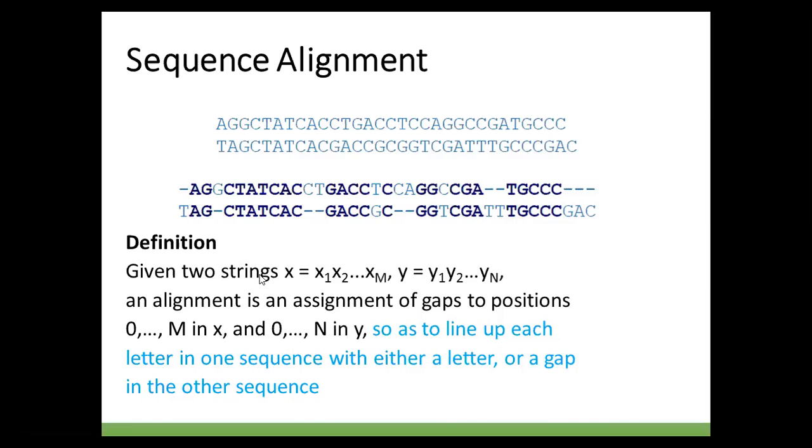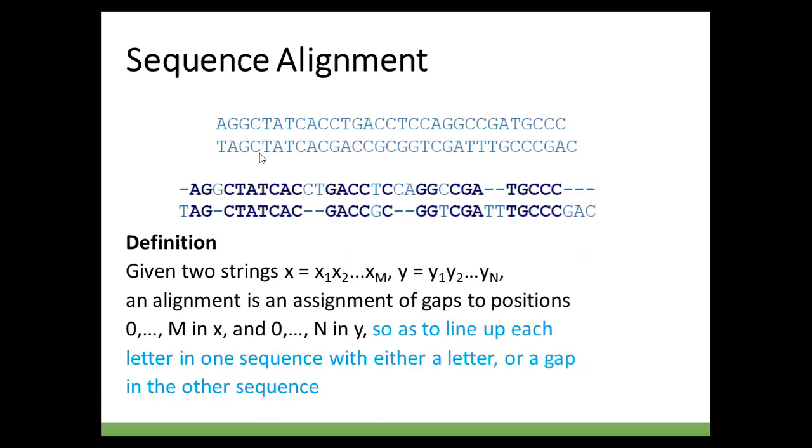Given two sequences, X and Y, an alignment is an assignment of gaps to positions, so as to line up each letter in one sequence with either a letter or a gap in the other sequence, so that you can get a maximum number of similarities or similar regions.